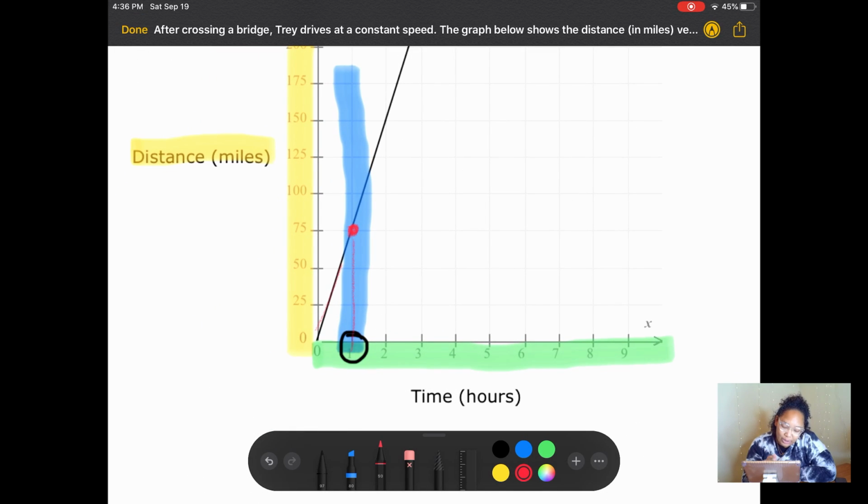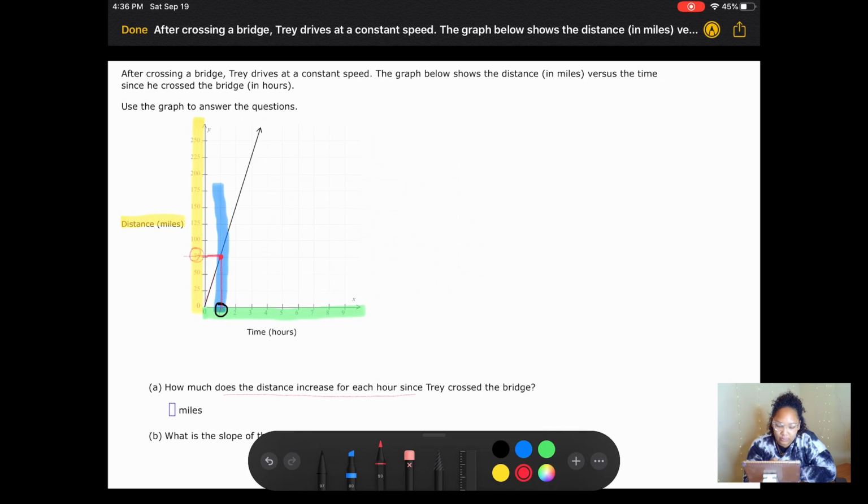So I'm looking up at this point, and what point does this connect to? At 1 hour, he has traveled 75 miles. So for your answer, you're going to say 75 miles.